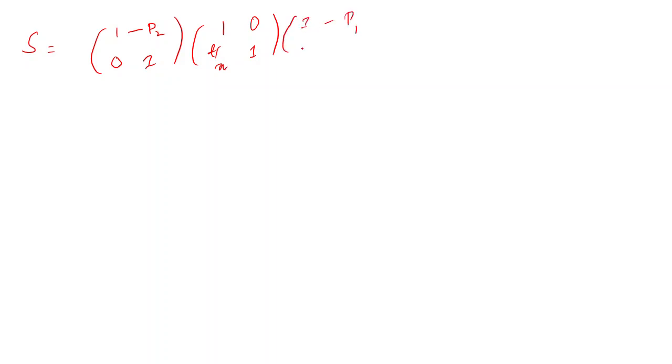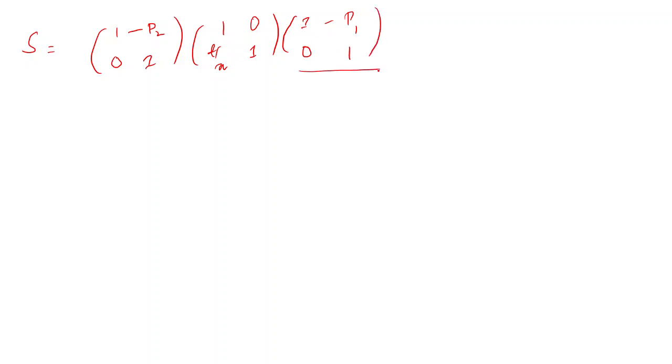So here our system matrix is 1 minus P2, 0, 1, 1, 0, thickness of the lens divided by the refractive index, 1, 1 minus P1, 0, 1, right?